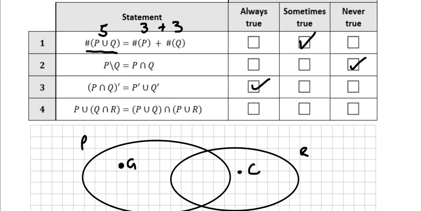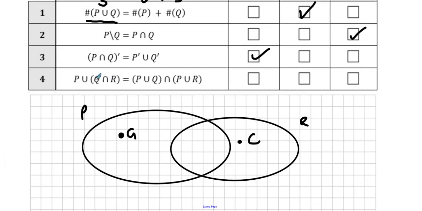Okay. Next one. This is the distributive function where you multiply it in, P union Q. So this is always true. You can try it out yourself if you want, but there's no need. It's the distributive function where you're basically multiplying it in. Remember, it's like 2 multiplied by 4 plus 2.